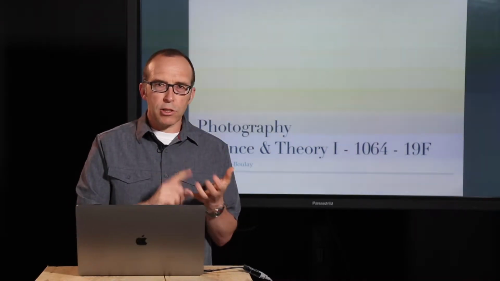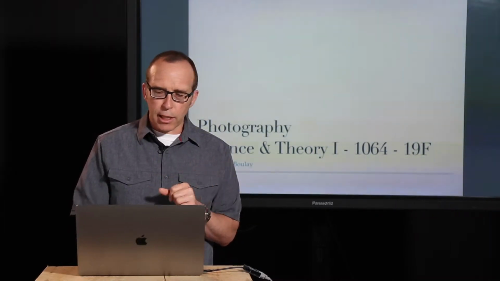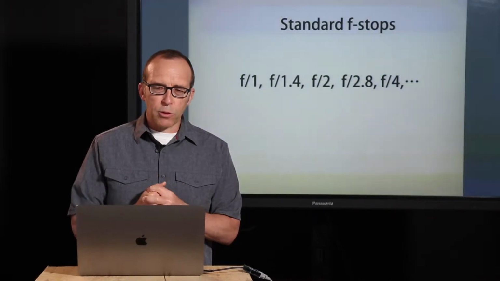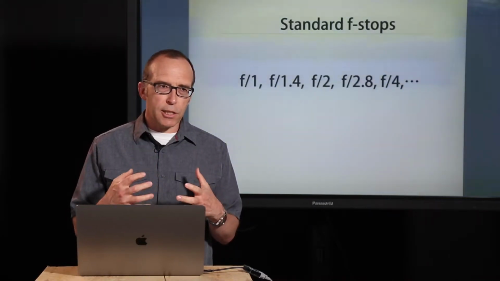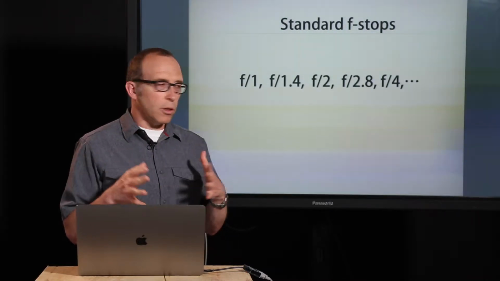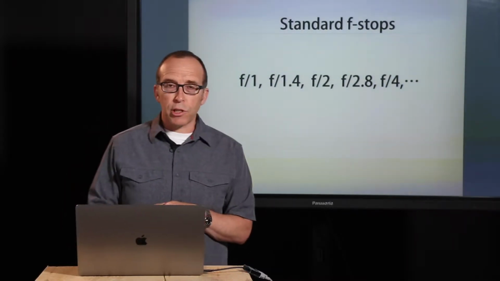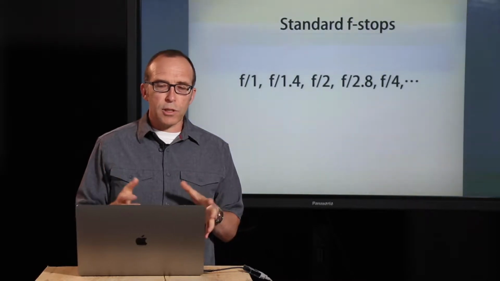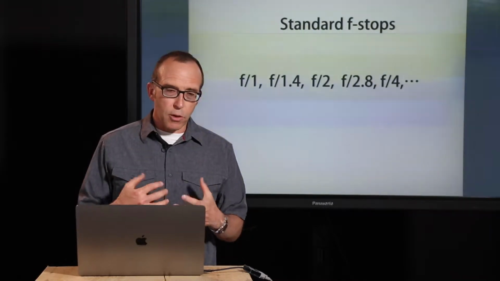Anyways, exposure. Last week we talked about exposure. We talked about controlling the light entering the camera. We talked about things like shutter speed, ISO, and aperture. And one thing I can't stress enough, looking back to last week, is the list of standard f-stops and shutter speeds and ISOs I gave you: start memorizing those.